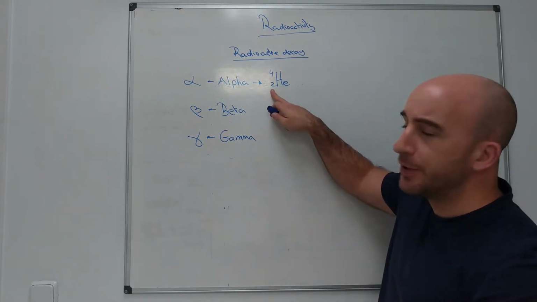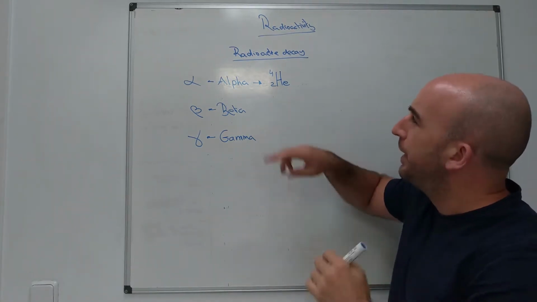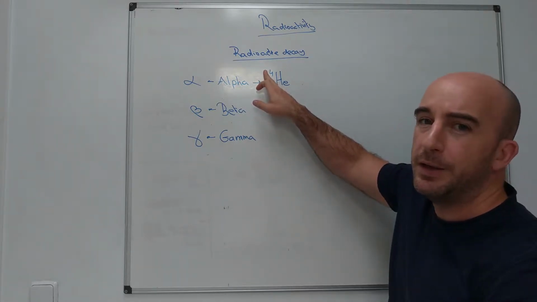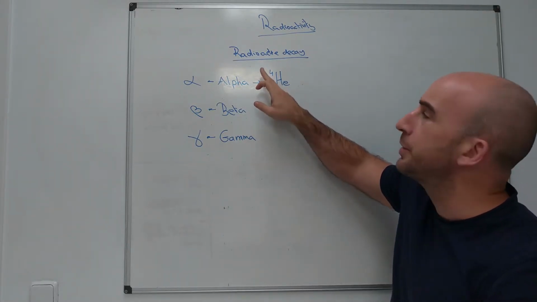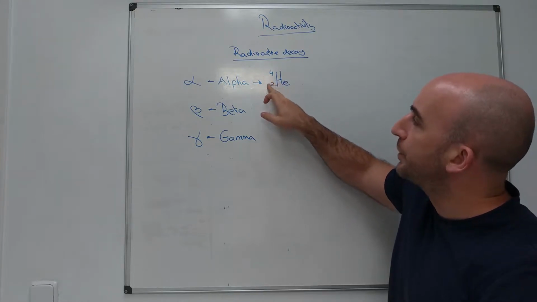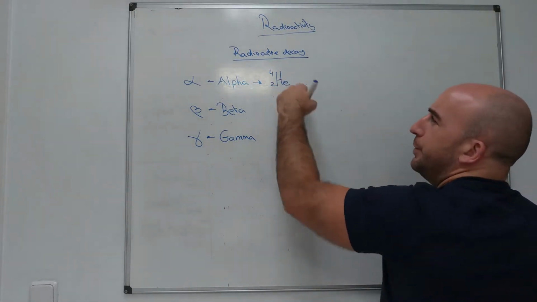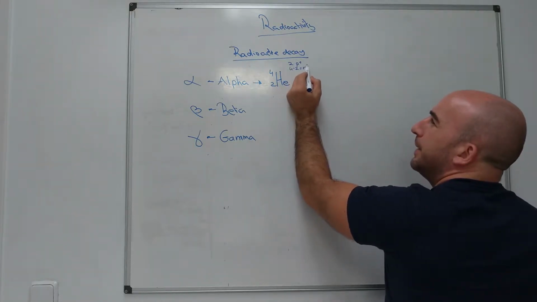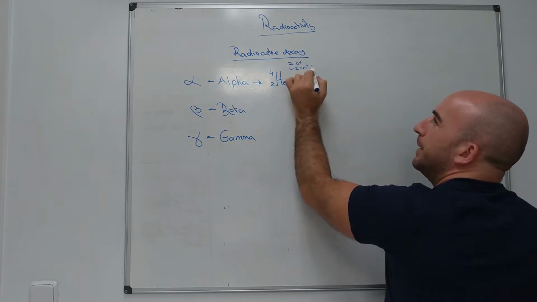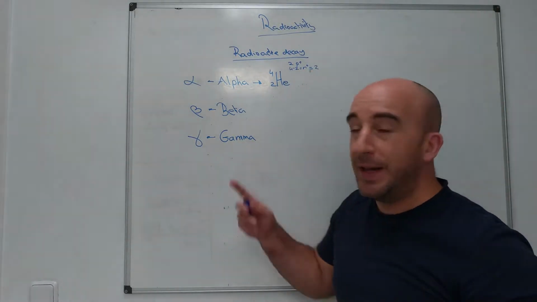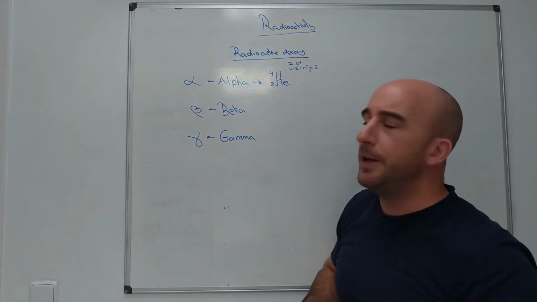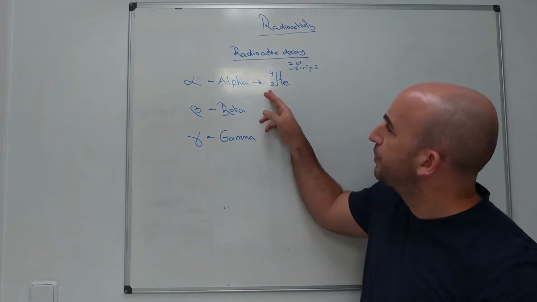It has atomic number 2, so it has 2 protons, and the mass number is the number of protons plus the number of neutrons. So 4 minus 2, it has 2 neutrons. So an alpha particle is basically something like a helium particle because it has 2 protons and 2 neutrons.